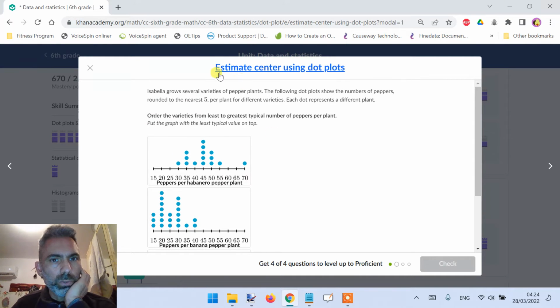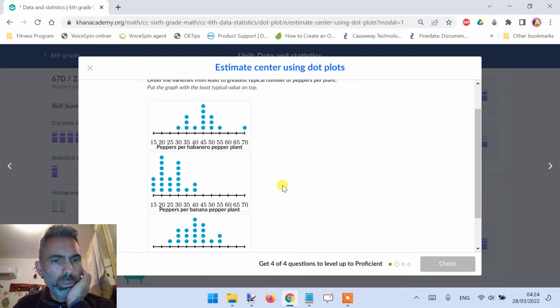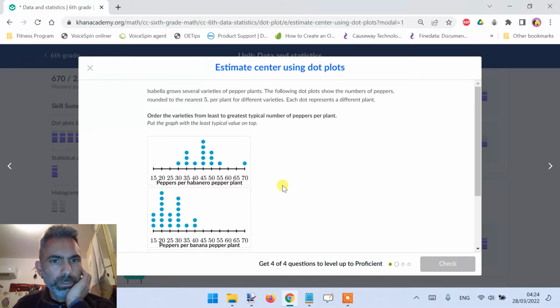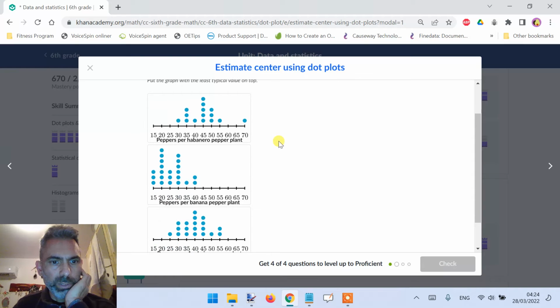Okay, so because we are estimating here and not required to actually find the median, we can see here that most of the dots are concentrated in the range of 15 to 40. Here the spread is from 30 to 70, but they are concentrated around here. So it's 45, I guess.